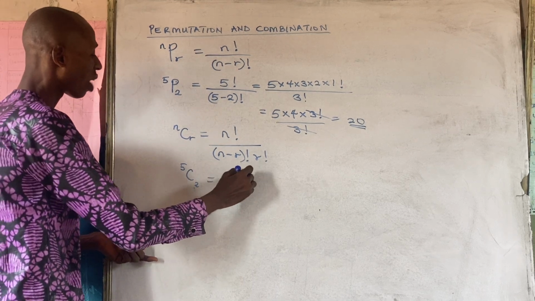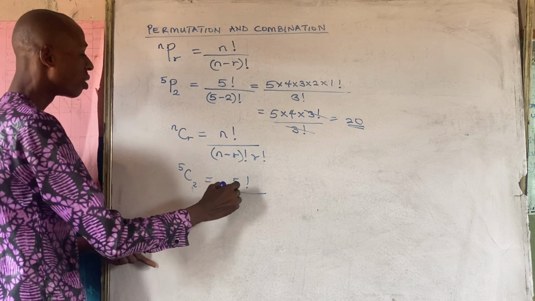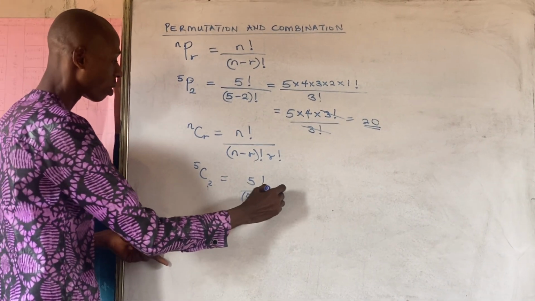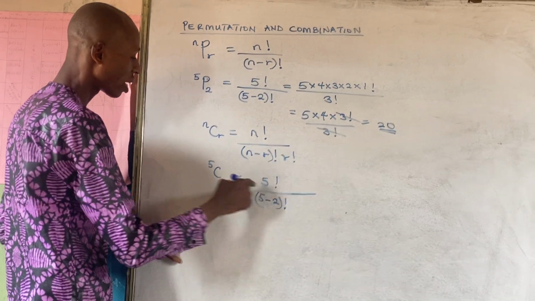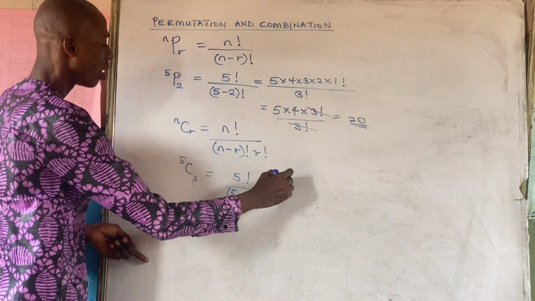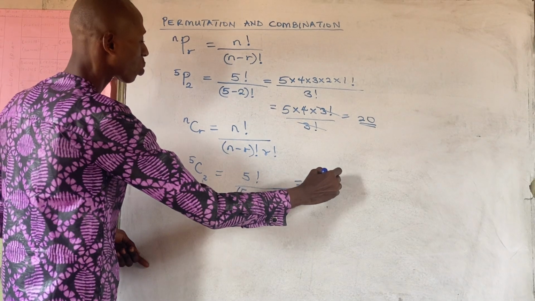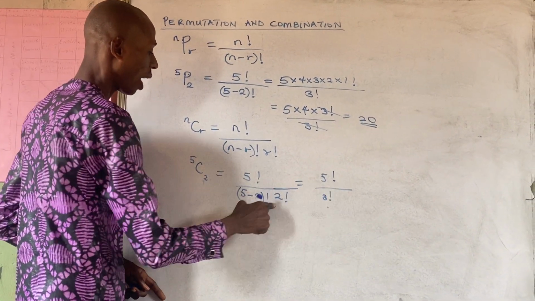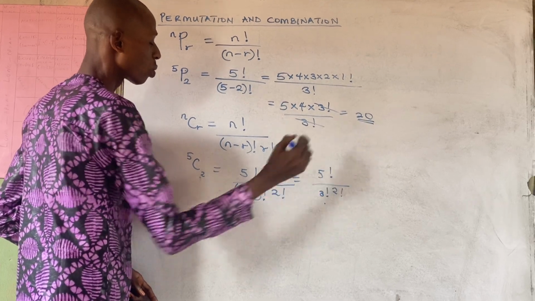it's going to be 5 factorial all over 5 minus 2 factorial. Alright? Then the R, again, 2 factorial. And of course, we just go and say 5 factorial all over 5 minus 2 is 3 factorial. And of course, we have 2 factorial.